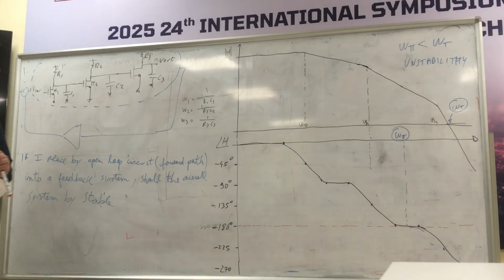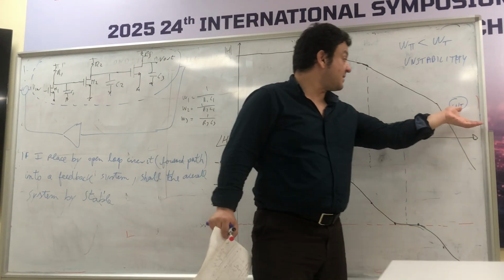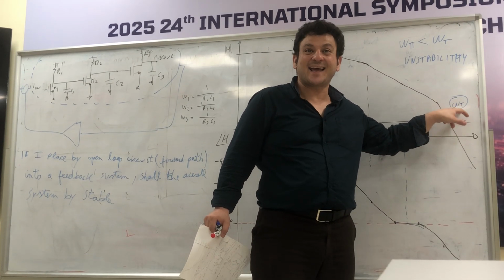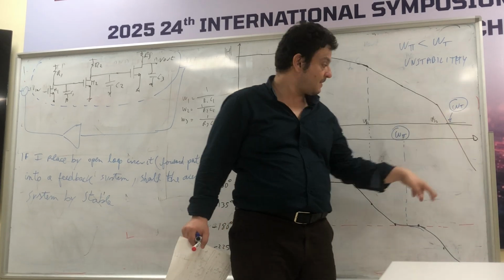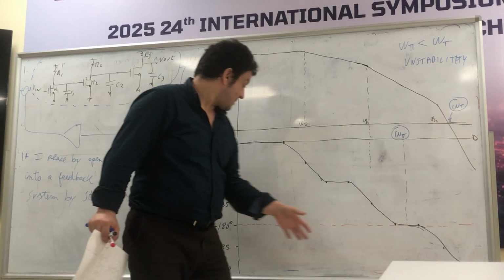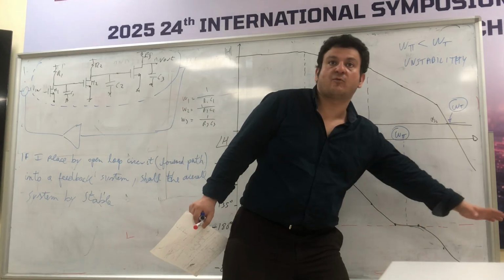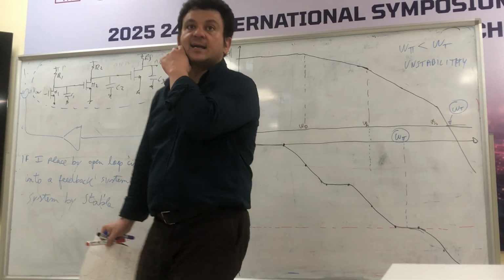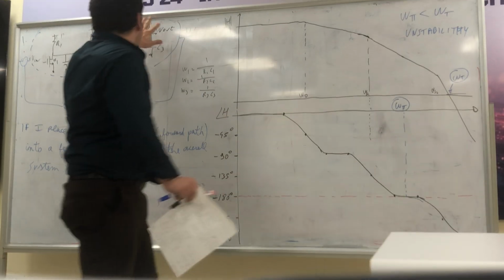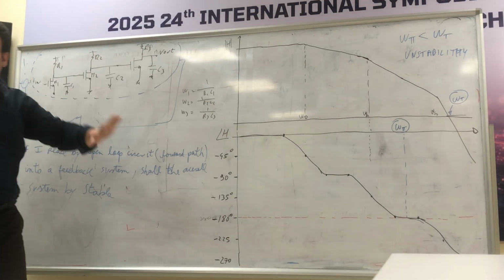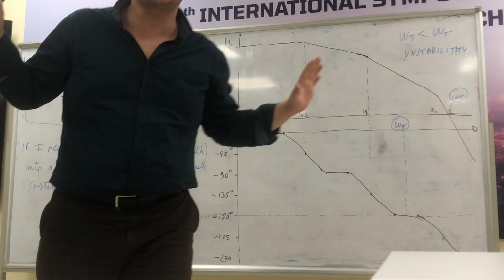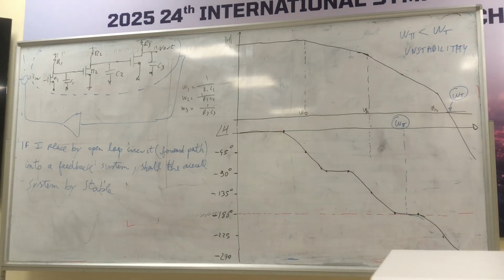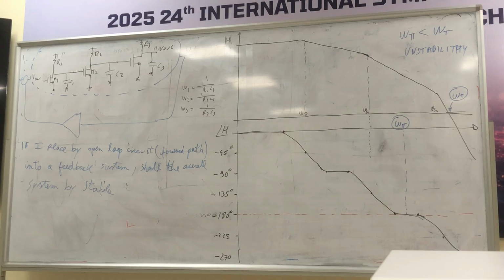So actually we have that our gain crossover frequency, omega t, has a phase that overcomes the barrier of 180, okay? And this means that if I place this network into a loop, my feedback system would be unstable, okay? And we need to fix it.